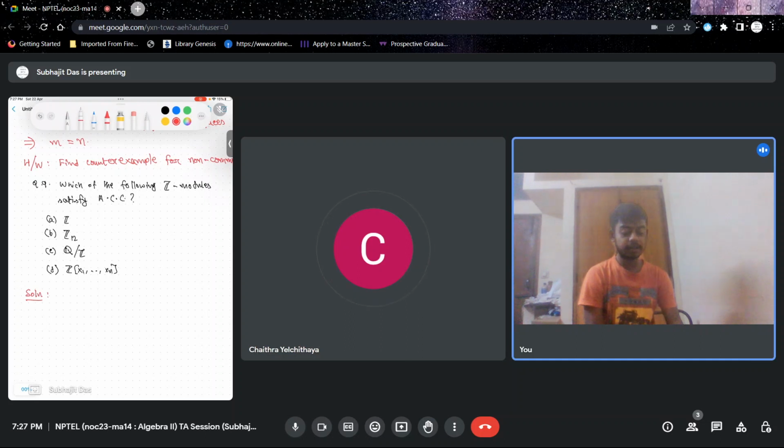So we need to find out which of the following Z modules satisfy ACC. Tell me, does Z satisfy ACC as a Z module? Okay, why is that? An equivalent way to say this is whether Z is a Noetherian ring or not.